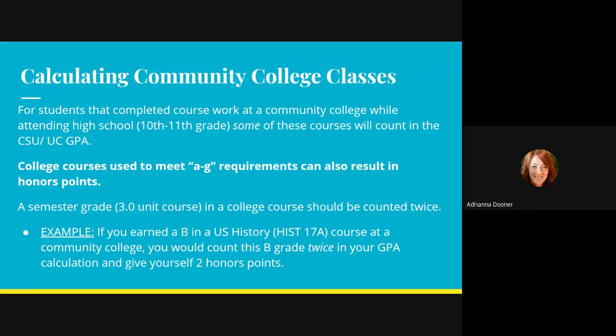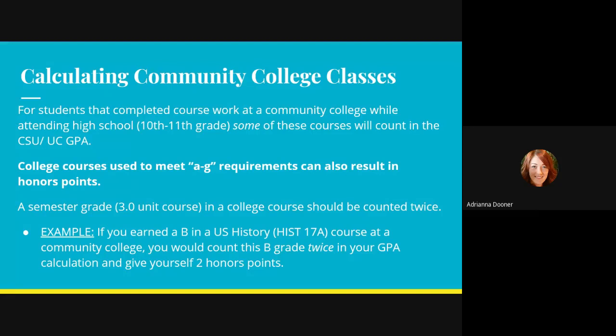When we post a college course to a high school transcript, a student will actually earn 10 credits in that course, because at the college level, if the class is worth 3 units, that's equivalent to 10 credits or a year-long course at the high school.